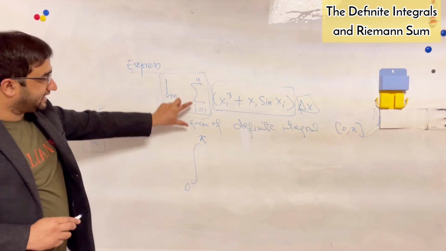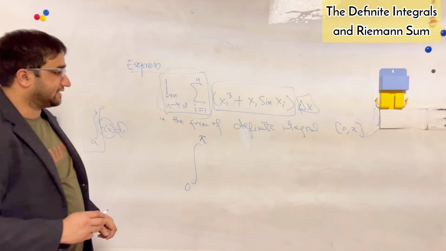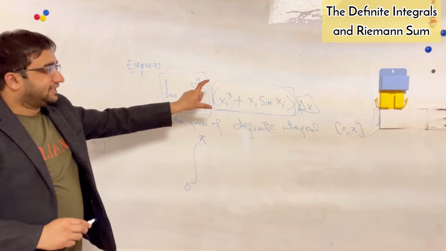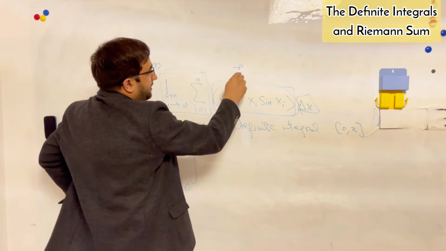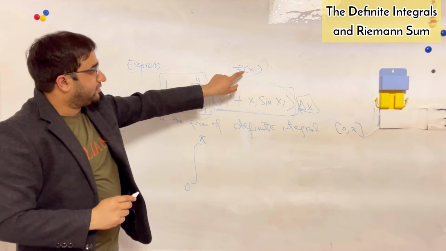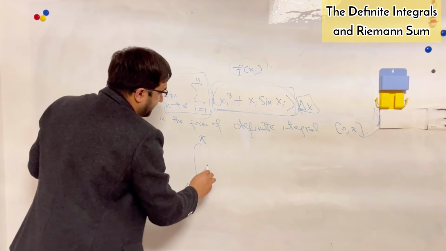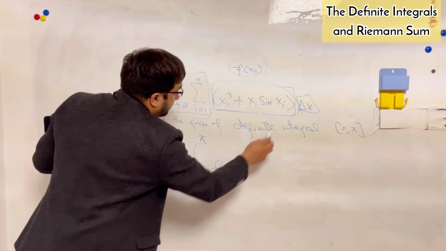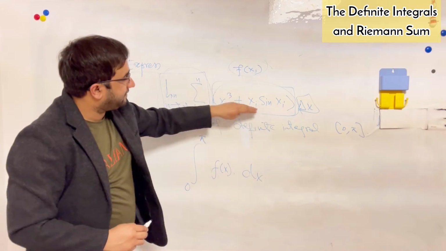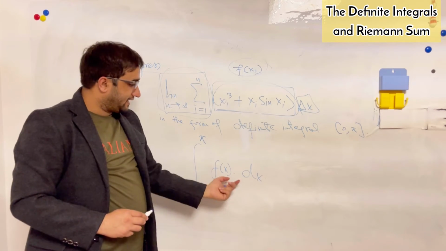So I can remove this and replace it with this. Now this whole thing is my f of xi, and I know that this can be replaced with f of x, and this thing with dx. Now what is f of x? If this is f of xi, then remove the i from everywhere and it becomes f of x.